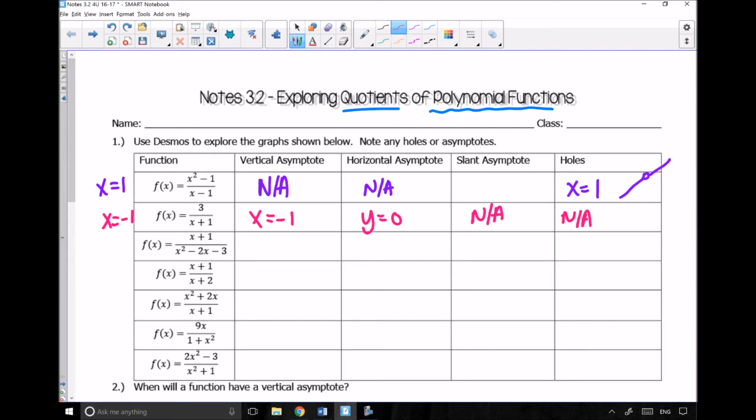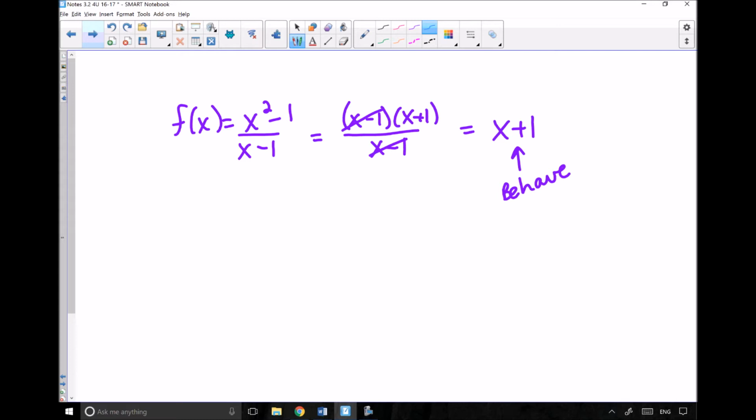Okay, so now let's take a look at the next example. And I actually want to do a little bit of algebra with it before I move on. So this time we have f of x is equal to x plus 1 over x squared minus 2x minus 3. And I'm going to factor that denominator and see what happens.